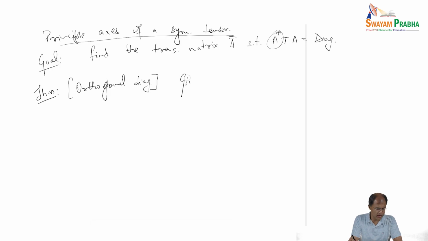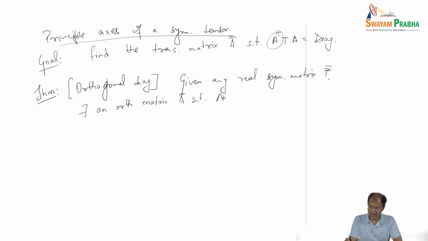It says, given any real symmetric matrix T, there exists an orthogonal matrix A such that A T A transpose is a diagonal matrix. So the question is how to find this A.